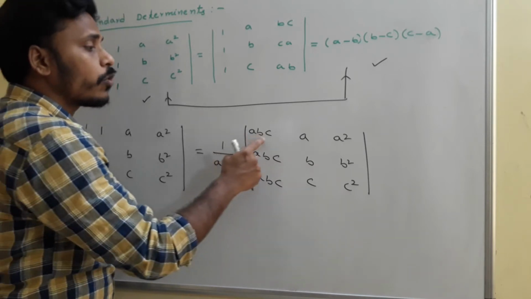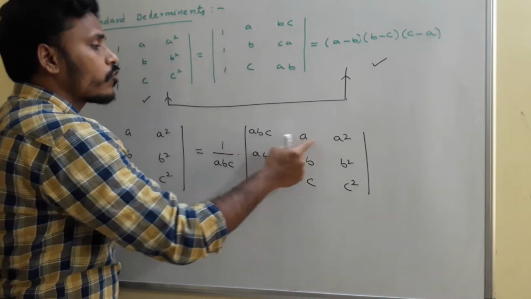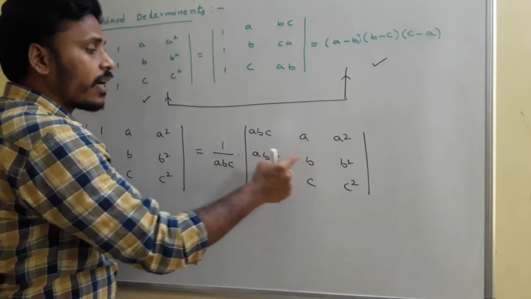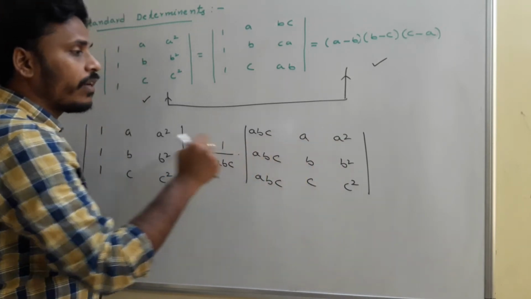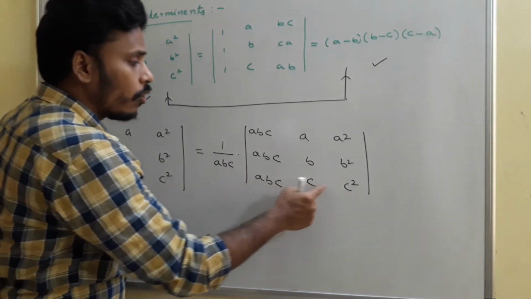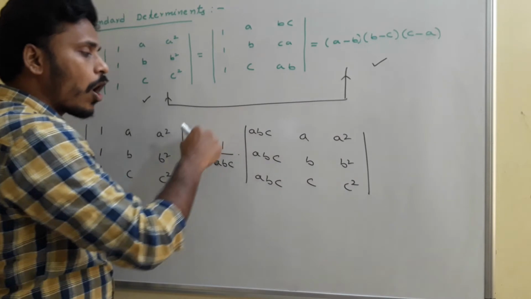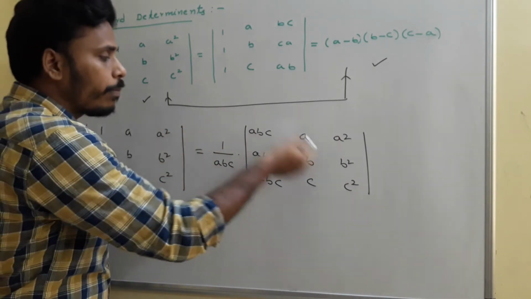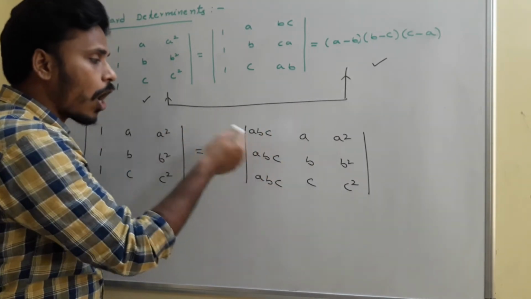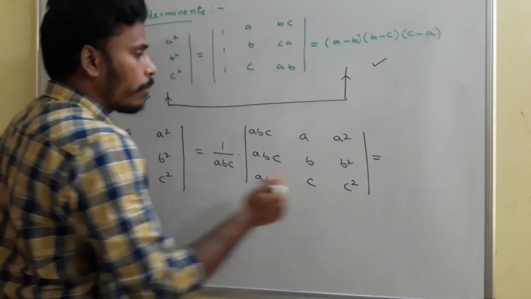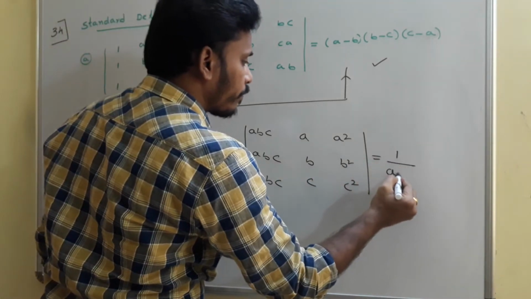But now if you observe the first row, in the first row, A is common in every term. Whereas in the second row, B is common in every term. And in the third row, C is common in every term. So you just pick A out from the first row, B out from the second row, C out from the third row. Then how does it become? This is equal to 1 by ABC. Actually it is there.